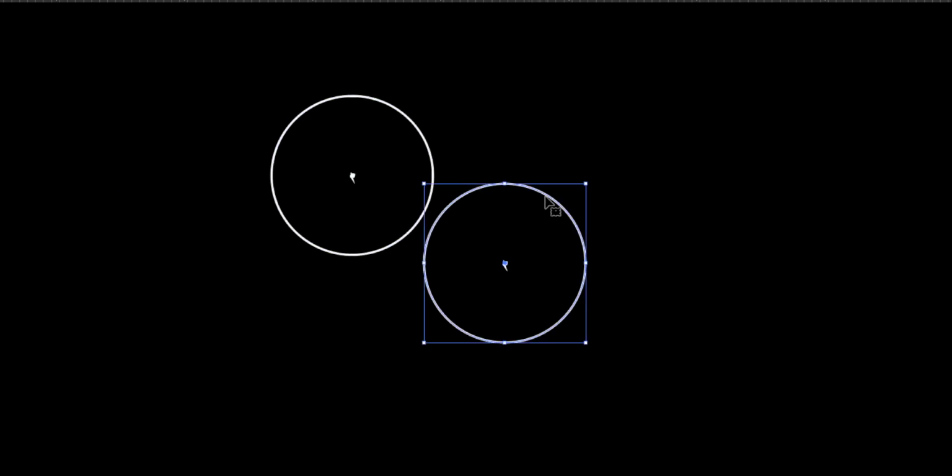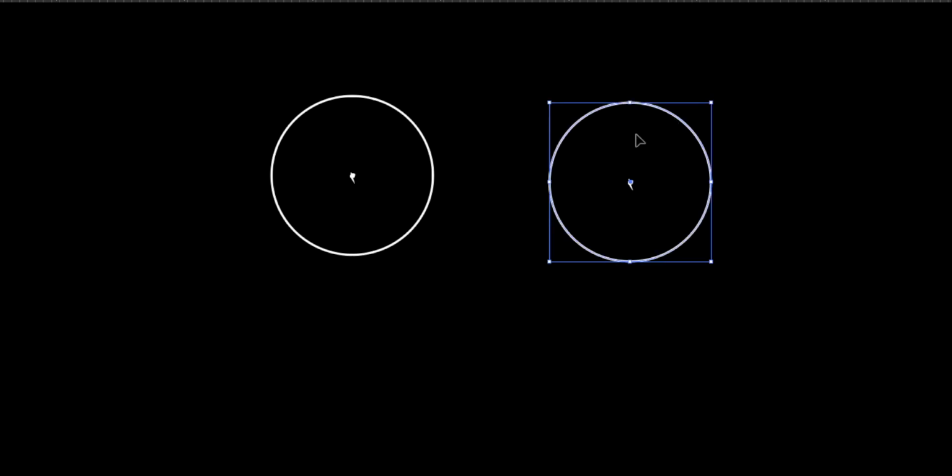Let's do this. I don't need it that far over. Let's come on. There we go. And then put it right here. Watch this. This is a theorem. I'm just going to draw it out. I'm not going to write out the theorem.